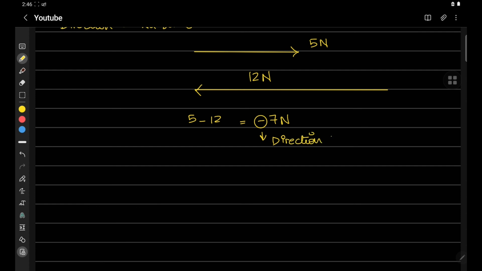The negative sign that you can see is the direction. Let me draw the resultant vector first, and then we'll talk about this in a little more detail. So this would be my resultant vector.